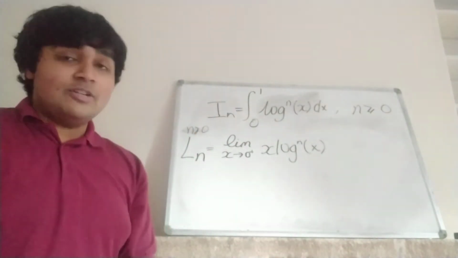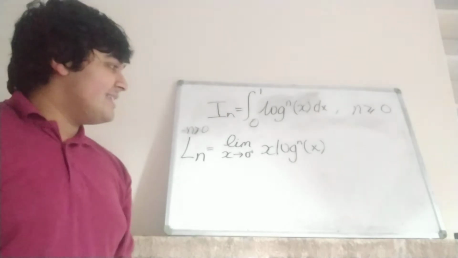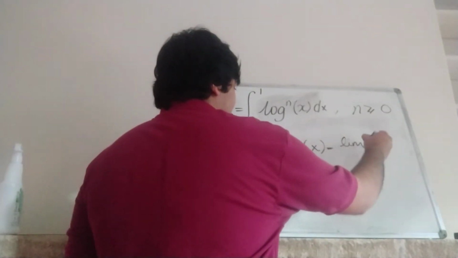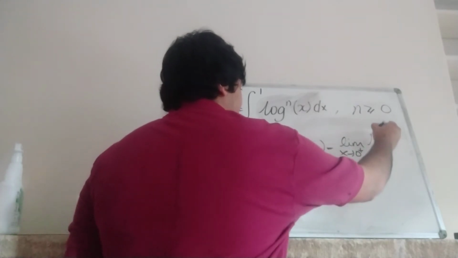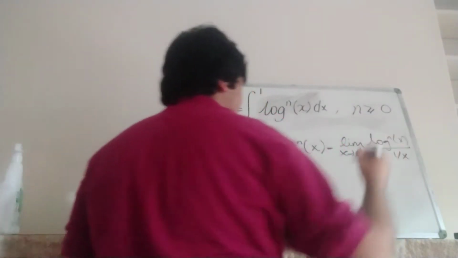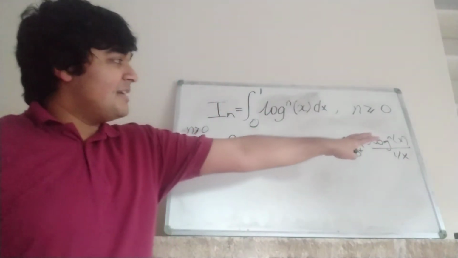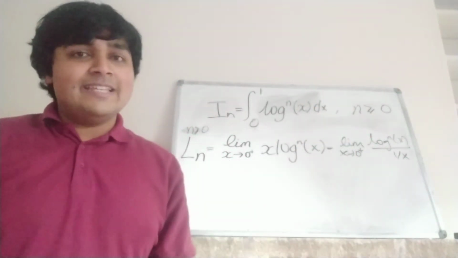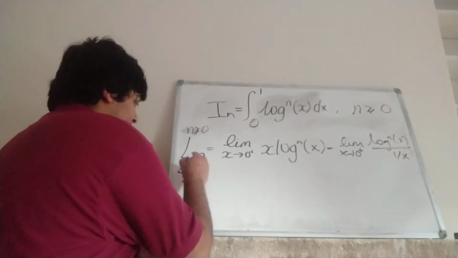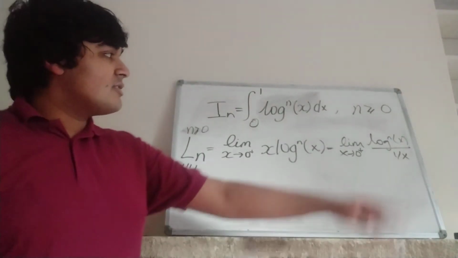So we've got to use L'Hopital's rule, but firstly we've got to rewrite this thing here as the limit as x goes to 0 plus of (log x)^n all divided by 1 over x. Okay, so now the top goes to plus or minus infinity and the bottom goes to infinity, so we can actually use L'Hopital's rule. So let's differentiate the top.